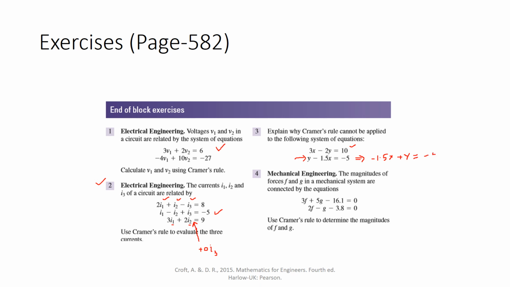So you should write like this. It is customary that mathematicians write the positive term first, so y is positive, so they write y first. But when you are doing this in matrices, order is important. X and Y must be written in proper order. Or look at the situation of the question, which variable is coming first.